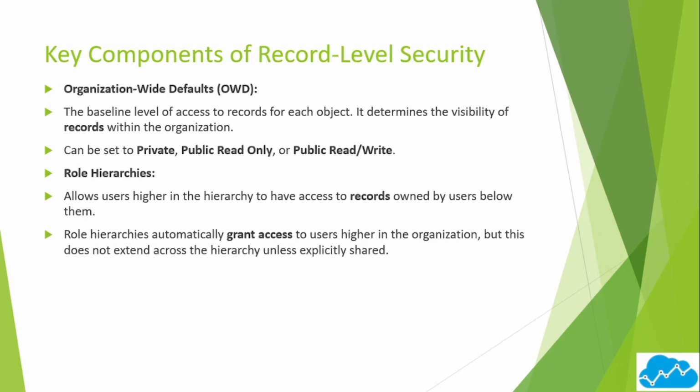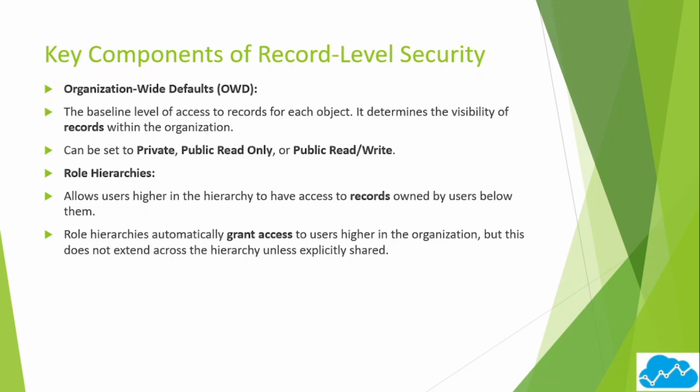What are the key components of record level security? OWD, role hierarchy, sharing settings, manual sharing, Apex based sharing. But here I am going to define only two, as we are going to see record level security only for OWD and role hierarchy. OWD is the baseline level of access to records for each object.